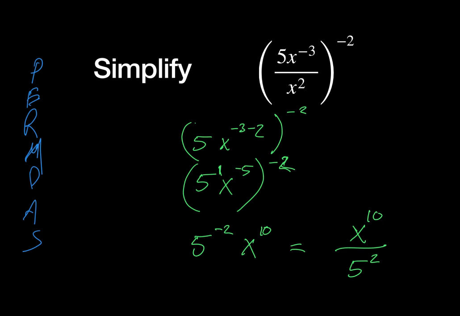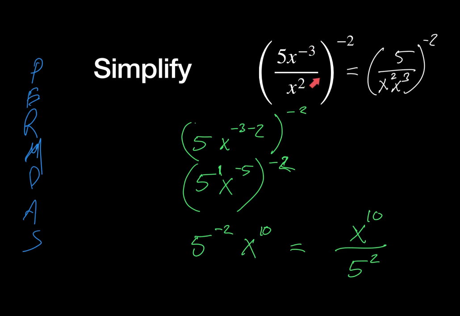Is that the only way I could have started that problem? No. I could have also done this inside the parentheses, left the 5 in the numerator, and then had x squared, x cubed in the denominator. Again, if it's a negative exponent, I can move that whole thing to the bottom, and then the exponent becomes positive.